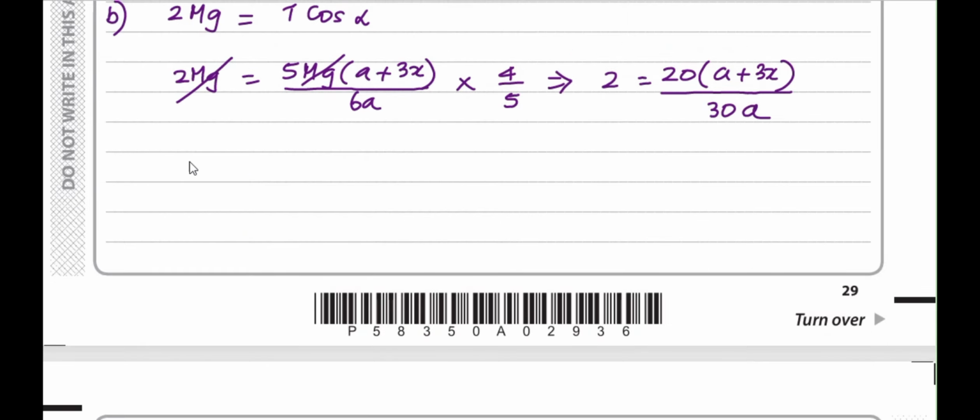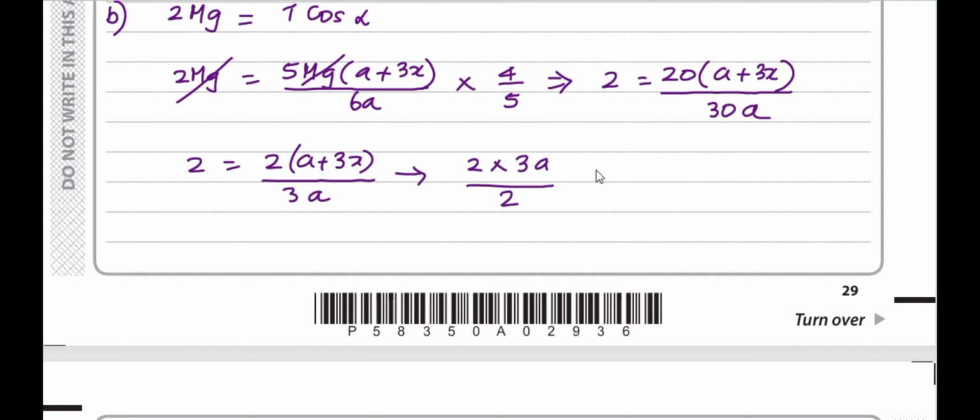That is 2 equals 2(a + 3x) over 3a, which means 2 times 3a over 2 is equal to a + 3x.